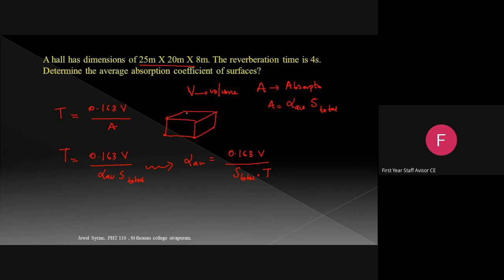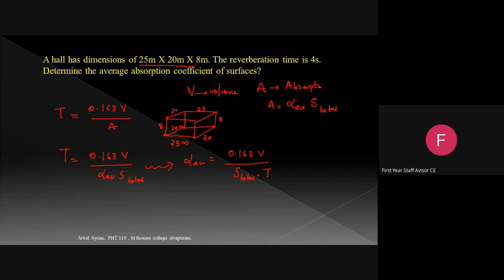We want to calculate the total surface area. So given that 25 meter is the length, 20 meter is the width, and the height is 8 meter. This is 20 meter, this is 8 meter height, this is 25 meter.